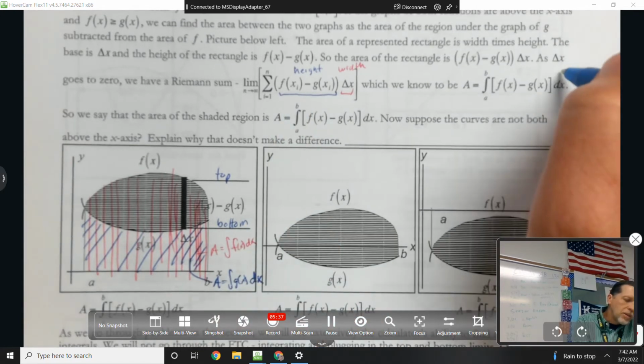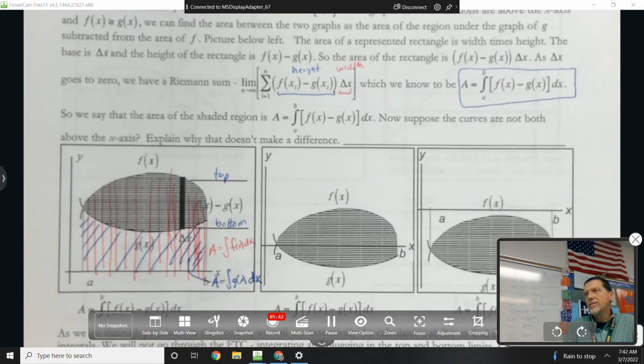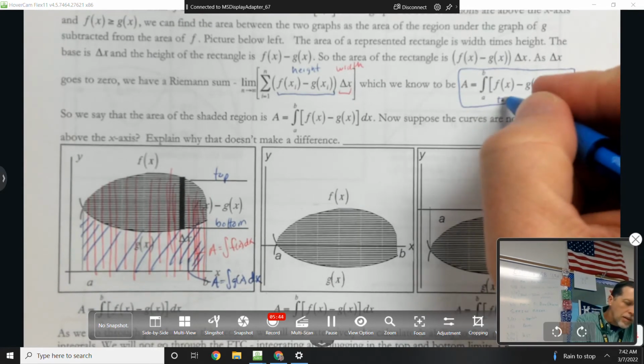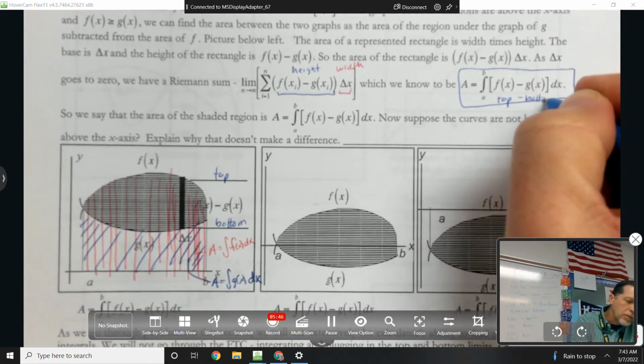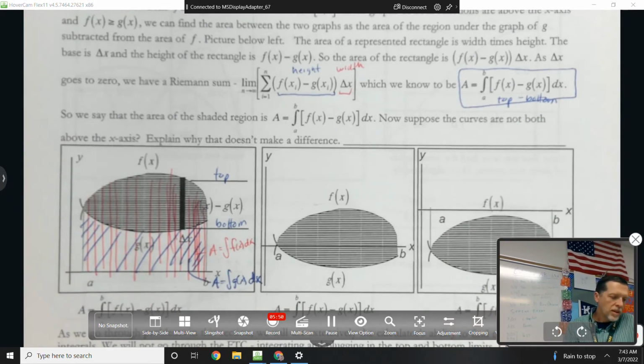And we end with the integral of, it's almost better to remember top minus bottom, because we'll use that a lot. Top minus bottom. Otherwise you end up with a negative if you do it the other way around.